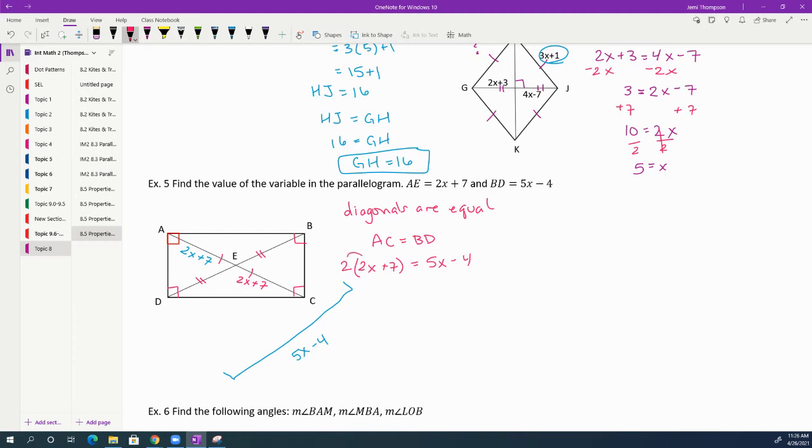Then we solve. 2 times 2x is 4x. 2 times 7 is 14. And when I go about solving this, I'm going to subtract 4x from both sides.